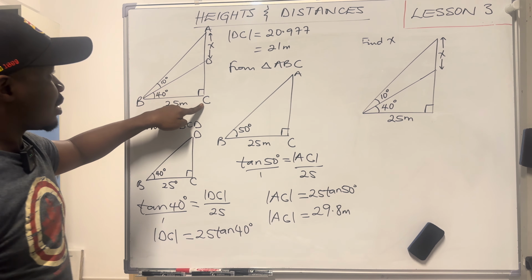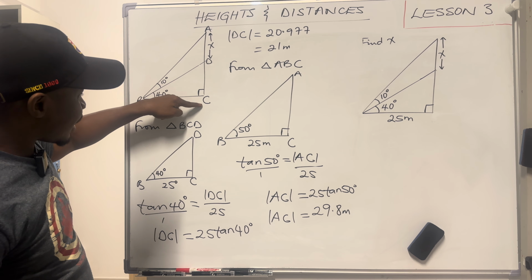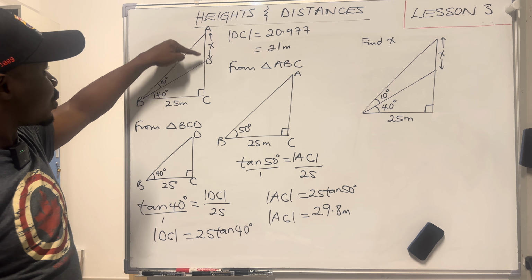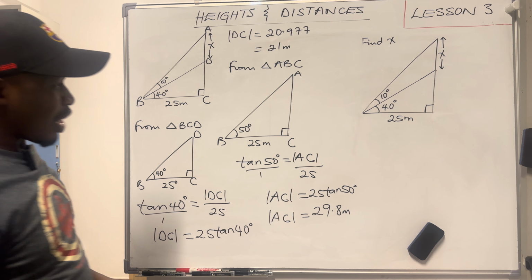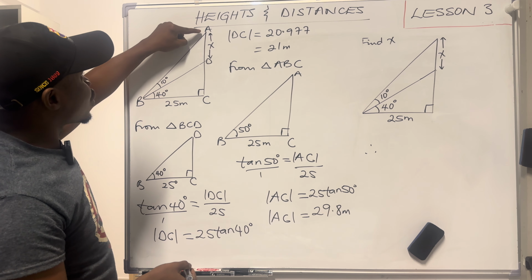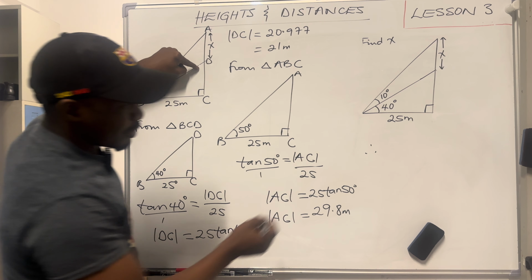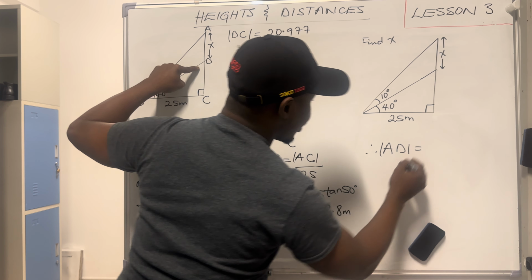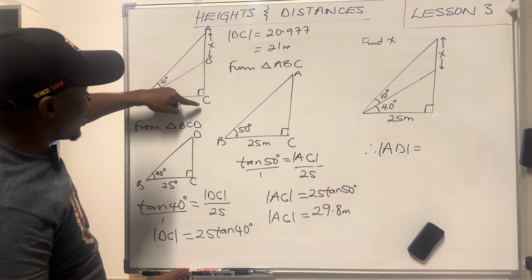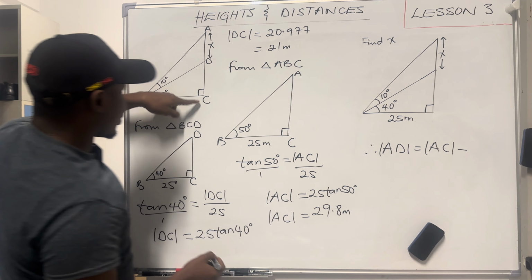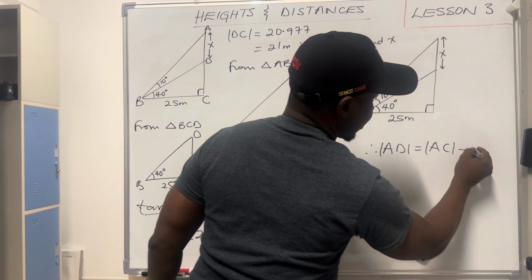So now it is easy for us, because from A to C we know it is this one, and from D to C it is this one. So knowing A to D is now easy. Therefore, for us to get AD, we consider the full length, which is AC, minus this DC.